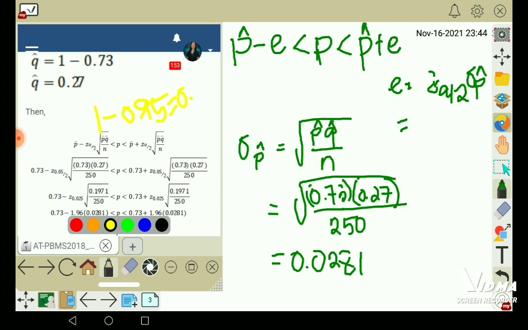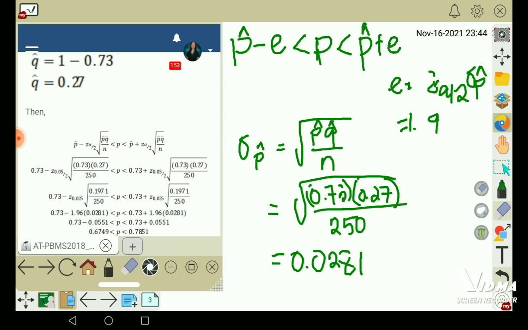So 0.05 divided by 2, that is where 0.025 came from.